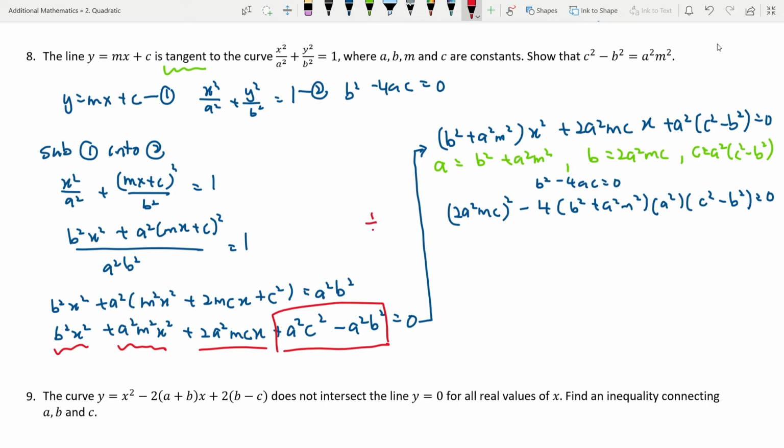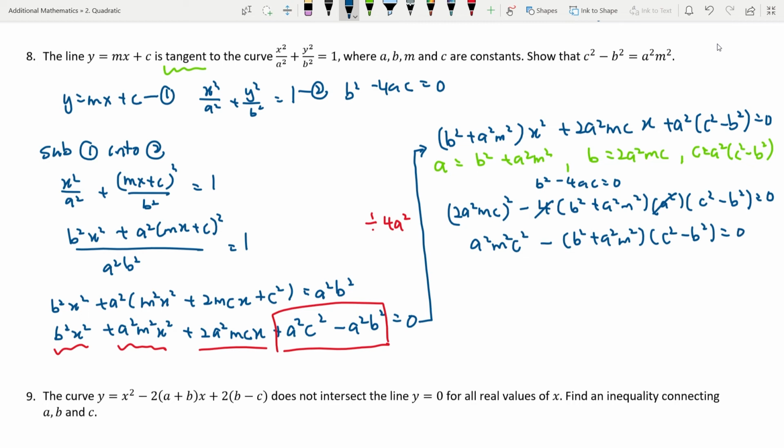We divide the whole equation by 4a squared. We will get a squared m squared c squared minus (b squared plus a squared m squared) multiplied with (c squared minus b squared) equal to 0.